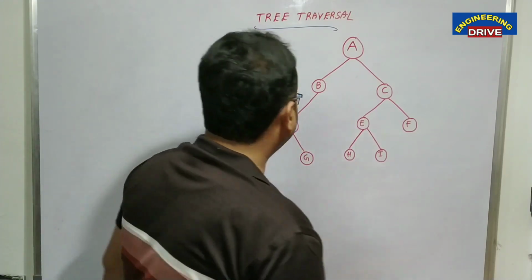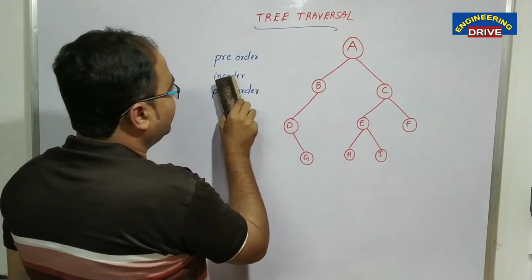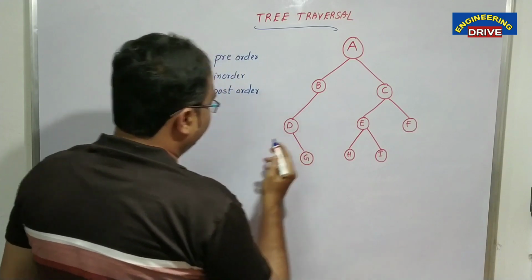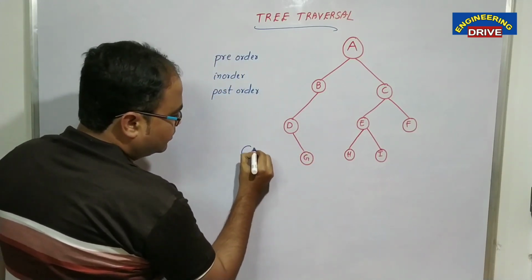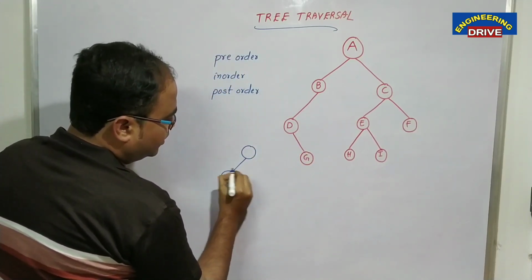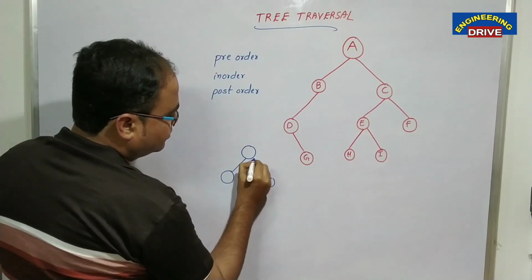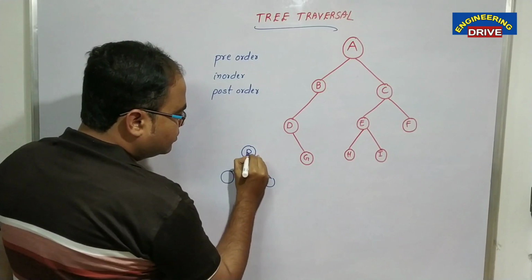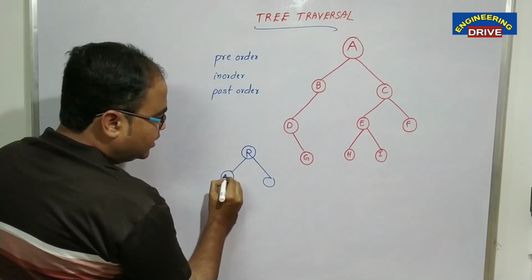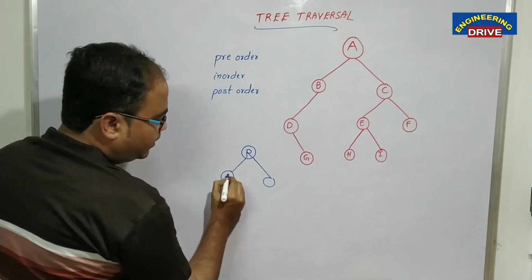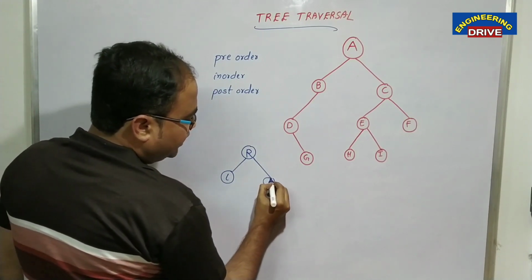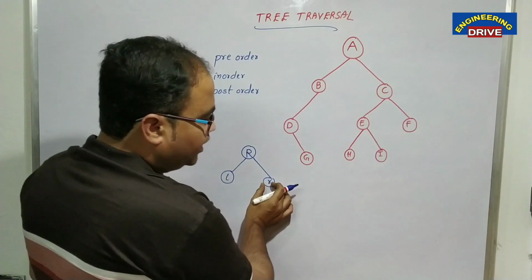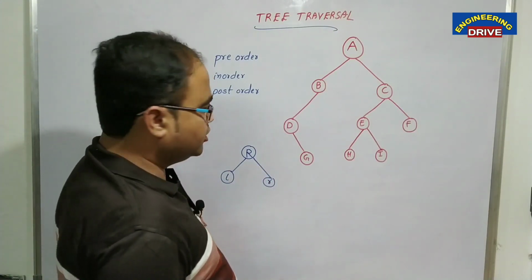Before that, what is the meaning of pre-order, in-order, and post-order? My dear students and friends, let us say this is a binary tree. We call this one the root node. This is the left child node, small l, and this is the right child node, small r.